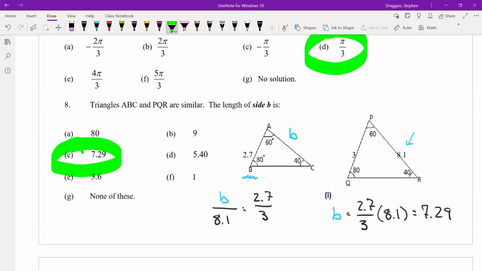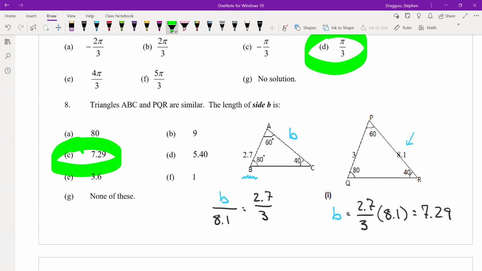Right, when you're setting up one of these similar triangle equations, make sure that you're consistent with the side that you put on the top of the fractions and also on the bottom of the fractions. Since I put B on the top of the first fraction, I also want to put triangle ABC on the top of the second fraction.